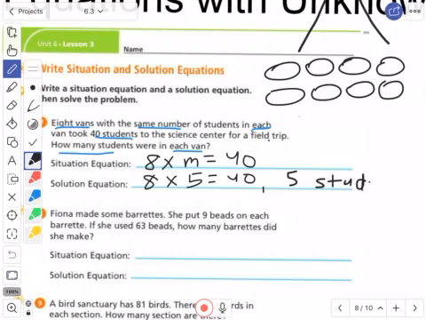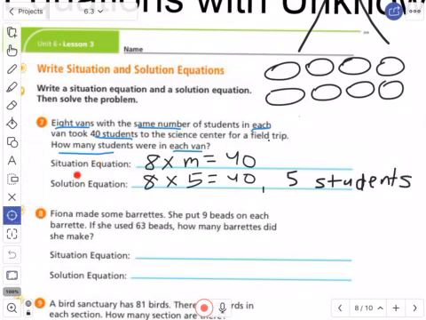So for each of these problems, you are going to do your situation equation and your solution equation. Basically, you're going to read the problem and figure out, okay, what would that equation look like? But you're going to be adding a variable, and a letter is one of the best things you can use. Or you can use a blank.